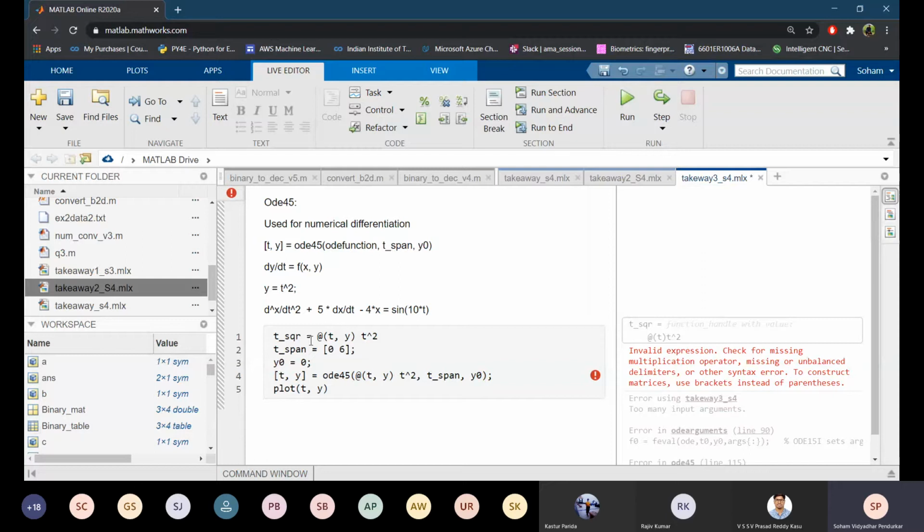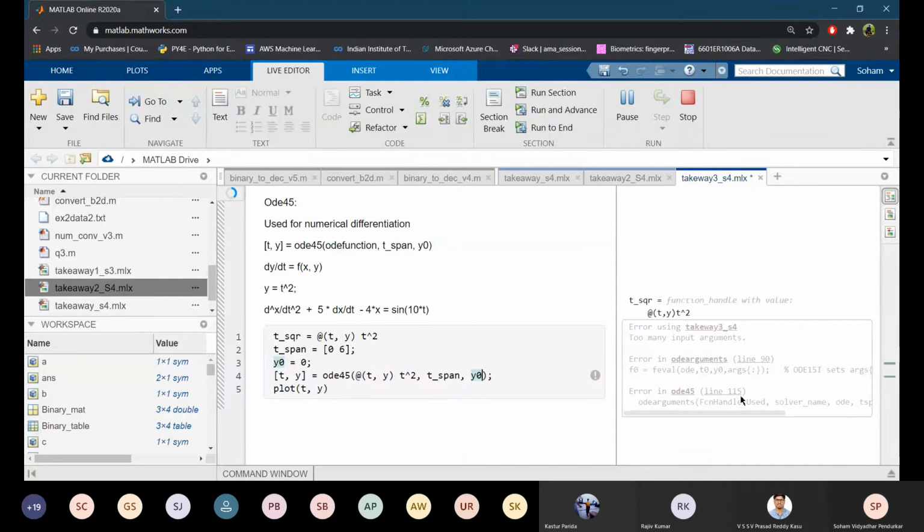Whatever I'm doing, I'm defining a function. What I would have defined with an explicit function .m file, I would have defined y equals t square. So that means I was talking about two variables. Inside these parentheses, whatever variables you're talking about should go inside. So t y and t y, now it will run.